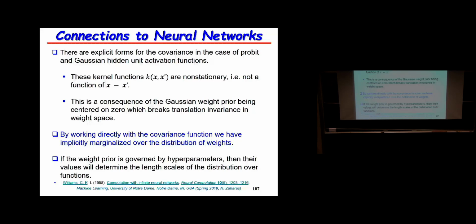They are non-stationary because the prior over the weights is Gaussian centered around 0, so they don't satisfy translation invariance. There are interesting aspects of this, but GPs and neural networks in the limit of m going to infinity lead to the same thing, okay? This is another nice paper that discusses this aspect.